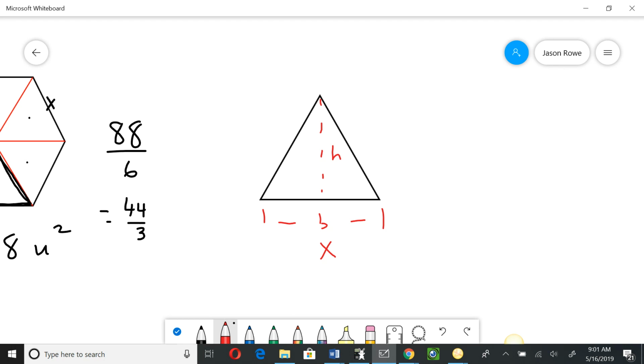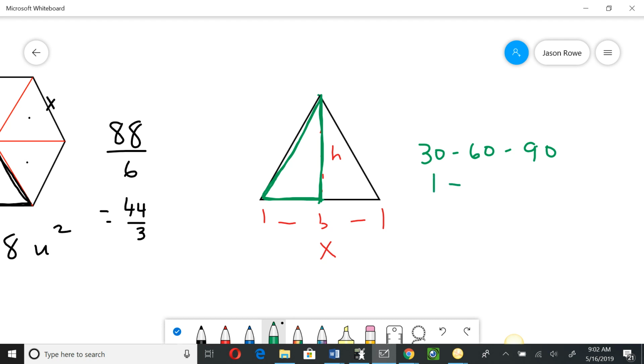But what's the height going to be? Well, based on this being an equilateral triangle, we know that the altitude and these sides together make this green triangle I'm outlining, which is a 30, 60, 90 triangle. So how do I get the height just knowing that's a 30, 60, 90 triangle?